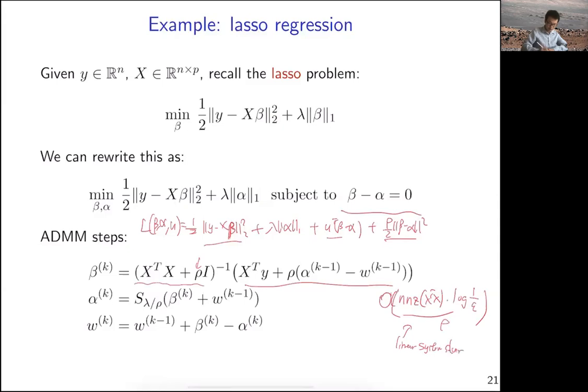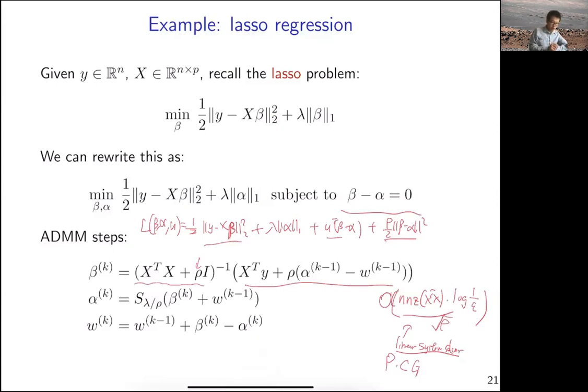If you have taken numerical linear algebra, you will see that you can get this scaling using conjugate gradient methods or preconditioned conjugate gradient methods, and sometimes you also get acceleration, in which you get the square root of rho dependence here.